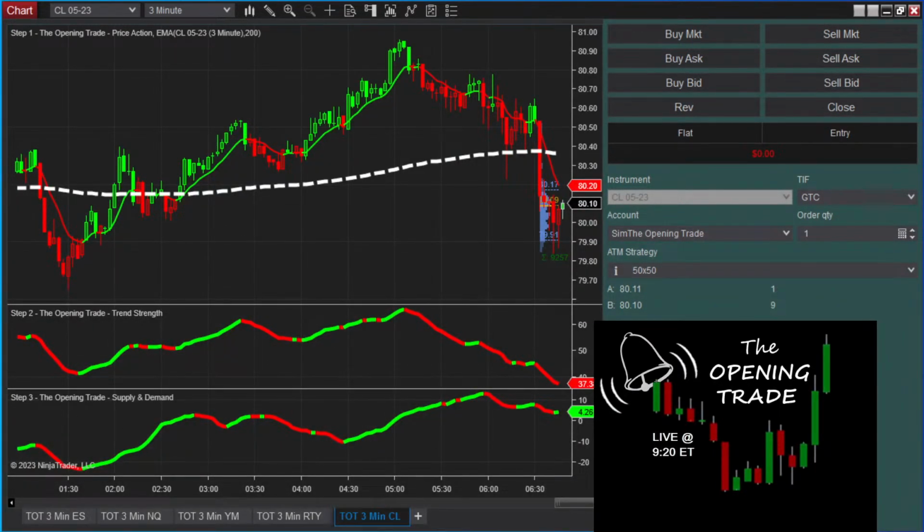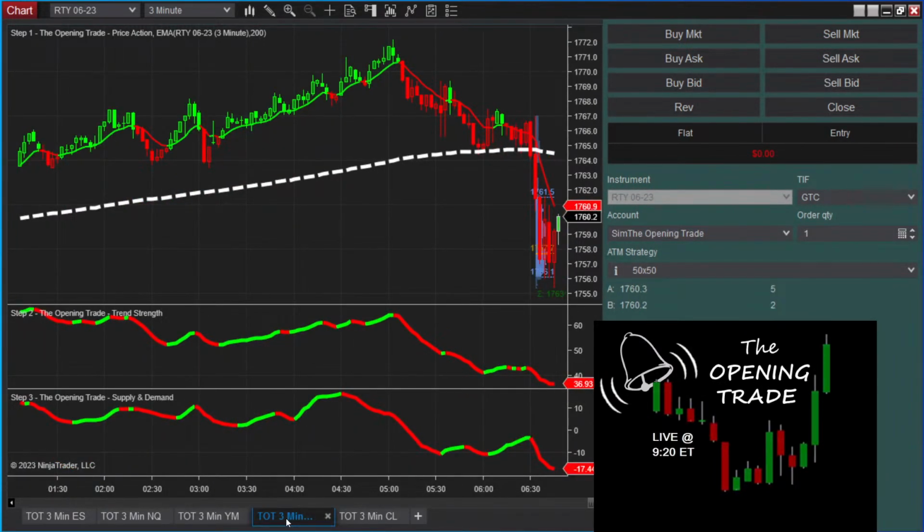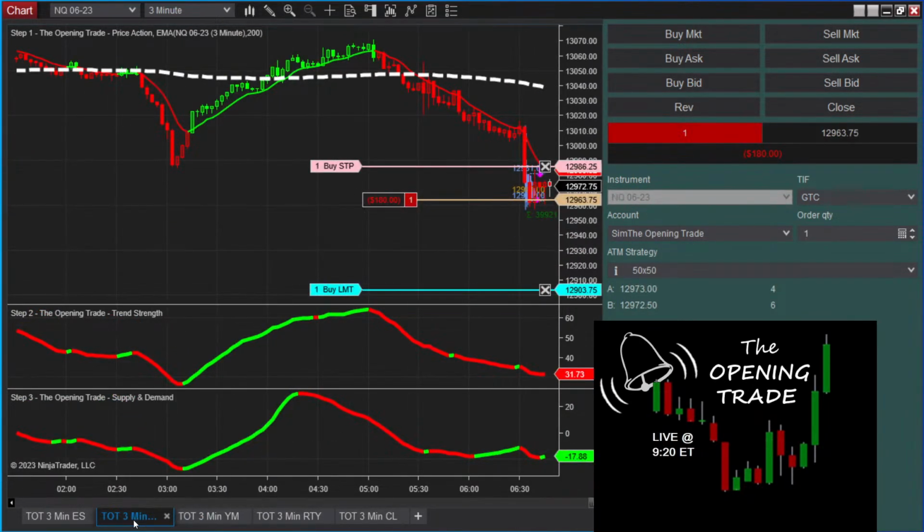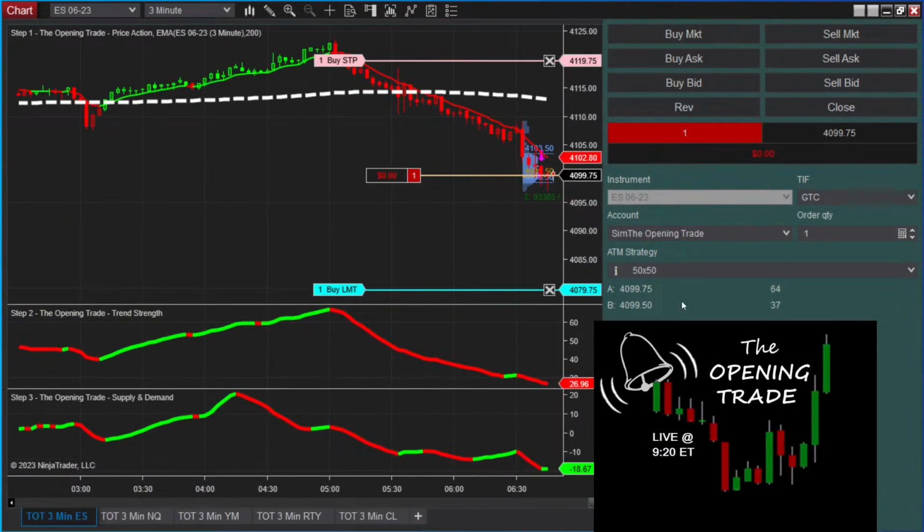Maybe it's making its way back. Russell is still no manual trade. The Dow, no manual trade to take. The Nasdaq's finally doing the right direction. Yeah, buddy. And then here we have the S&P 500.